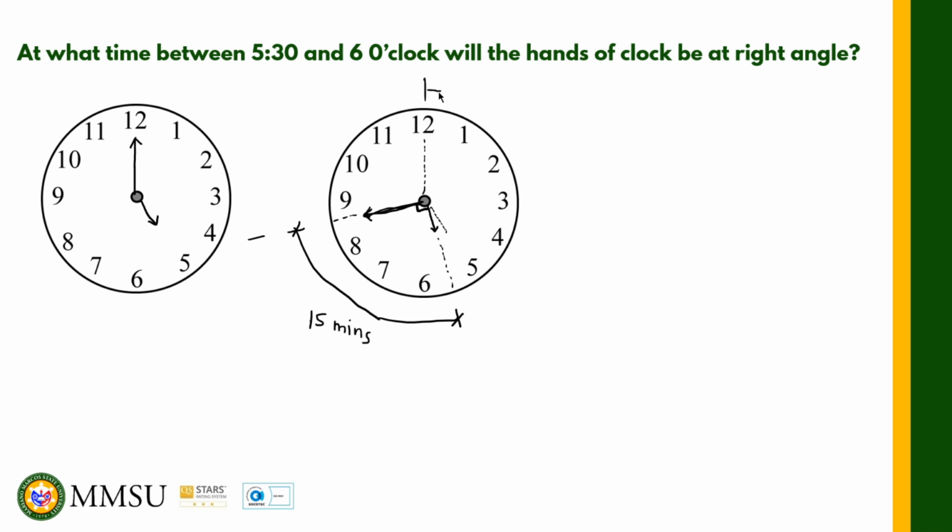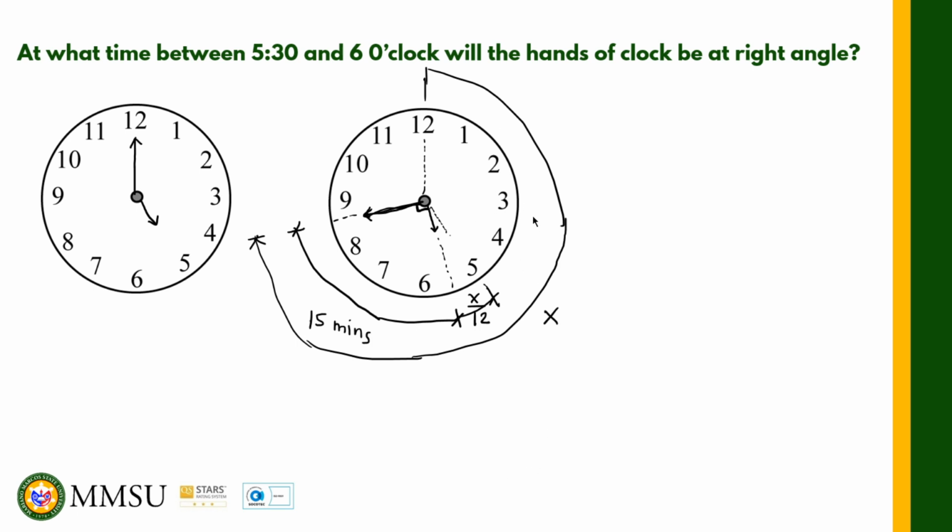So dito papuntang hanggang dito. Almost full circle na yan, iyan yung travel ng minute hand natin. So we designate that as x minutes. Okay? Siyempre, kung nag-travel ng x yung minute hand, nag-travel naman ang hour hand, initial to the final position, this is x over 12 minutes.